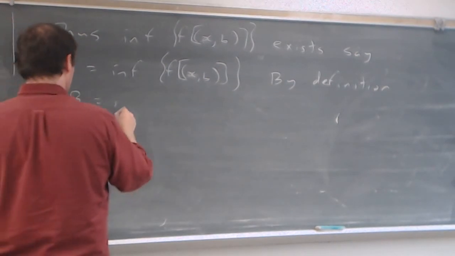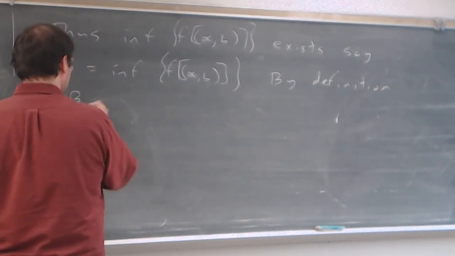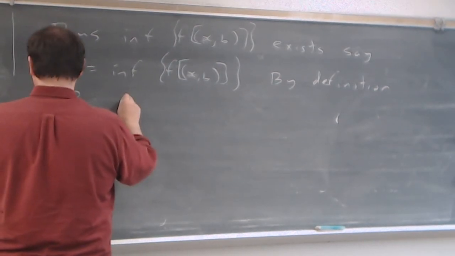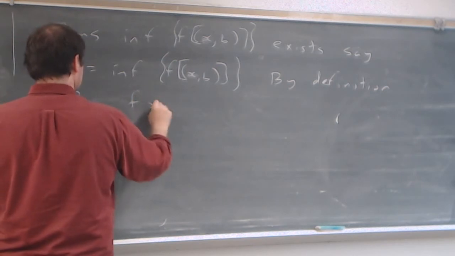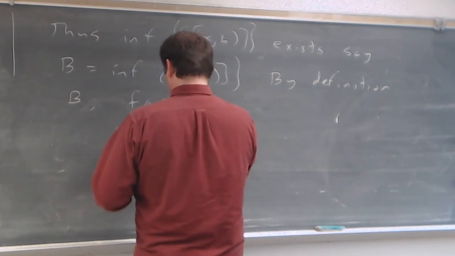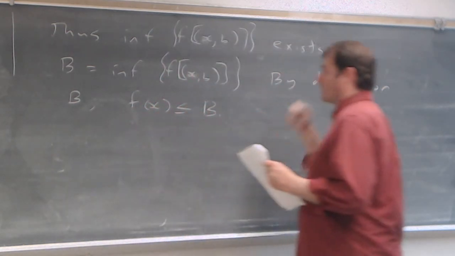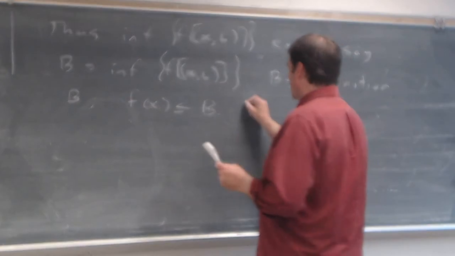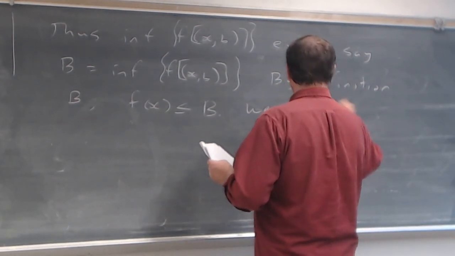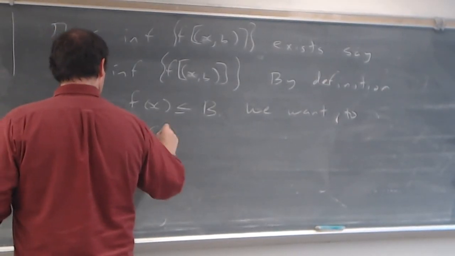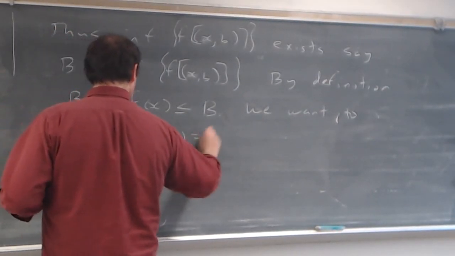By definition of b being the infimum, what we have is that f of x is less than or equal to b, because f of x is a lower bound and b is the greatest lower bound. What we want to do is show that f of x plus equals b.